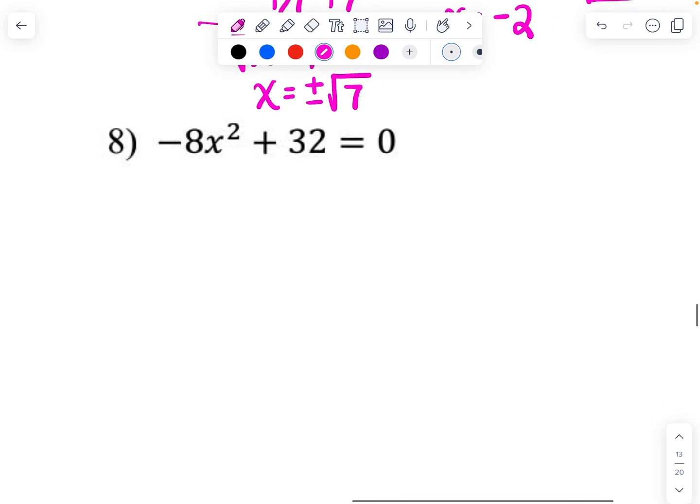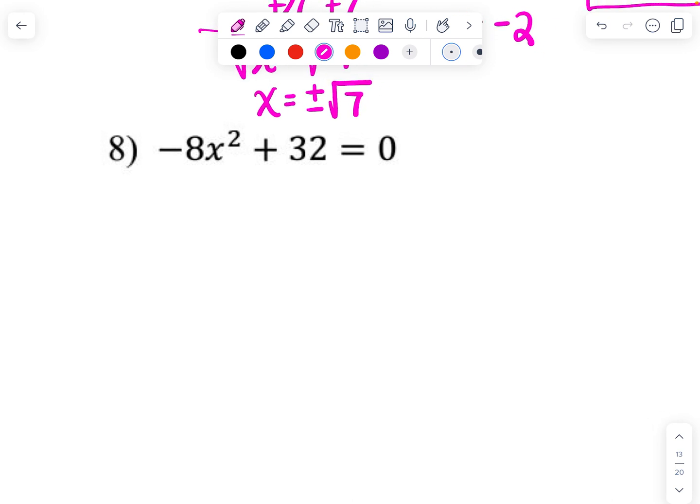All right, and this last one for factoring, I have negative 8x squared plus 32 equals 0. It is set equal to 0. That's the first thing I check for. Second thing I'm going to check for is, are there any greatest common factors? Turns out there are. So with negative 8 and positive 32, I want to factor out the negative 8.